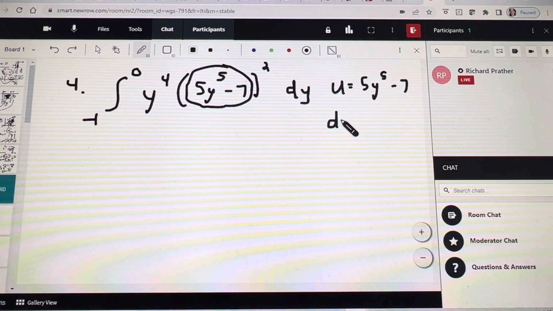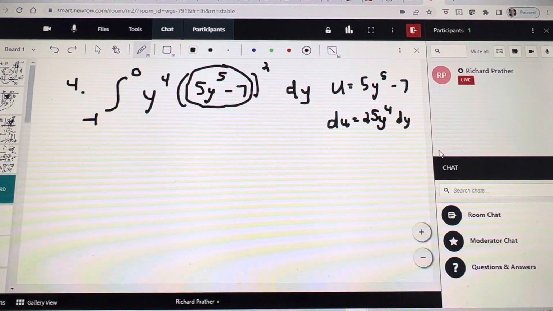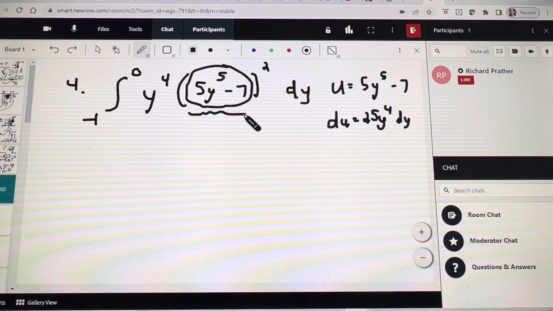The derivative of u is 5 times 5, 25, y, decrease that by 1 to 4. The derivative of 7 is nothing, and then that's in terms of y. So this part's going to turn into u. I've got a y to the 4th dy, but I don't have the 25.